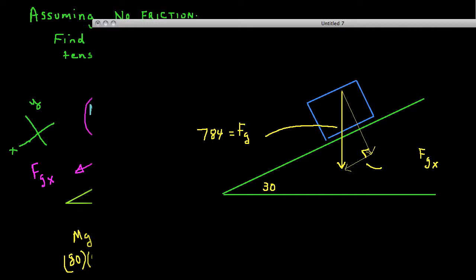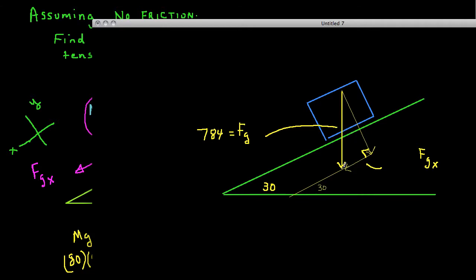This is the way I found to figure out what the angle is. It's pretty straightforward. I just take this line right here and extend it down. These two lines are parallel, so if this angle is 30 degrees, then this angle right here is also 30 degrees.